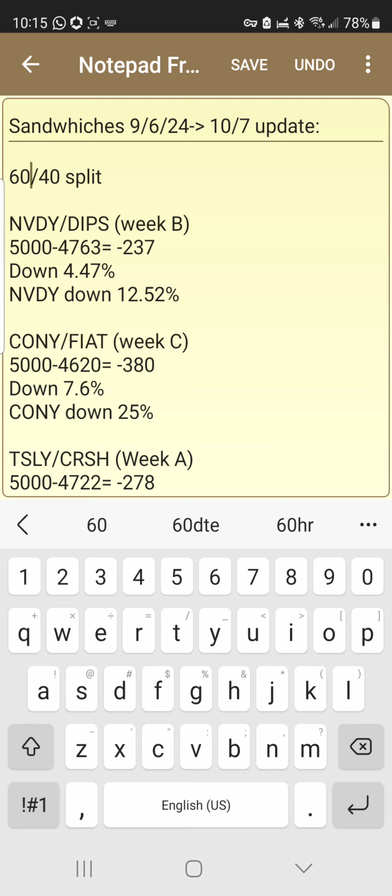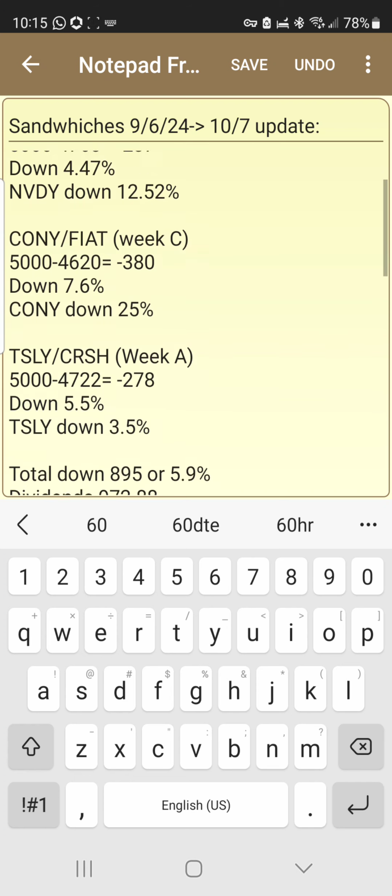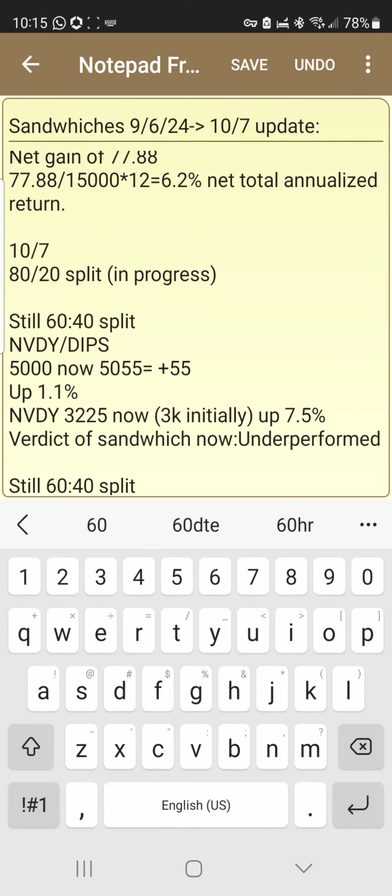But I am playing volatility, and I am long, bullish in these positions overall, and I want to bet more on the bull side, and I'm just using the sandwiches to hedge a little bit on the downside and collect some volatility on the downside. So I went from a 50-50 split to a 60-40 split when I restarted the sandwiches and keeping track as of September 6th.